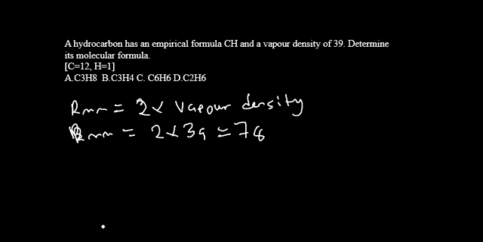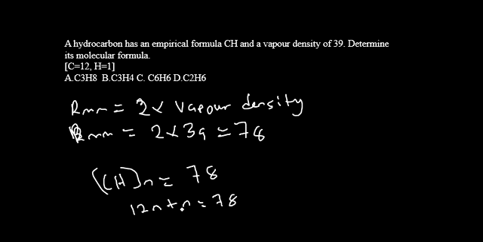Using the same principle, (CH)N will give us 78. That is 12N plus N is equal to 78. That is 13N is equal to 78. Our N will be equal to 78 divided by 13. That is 6.